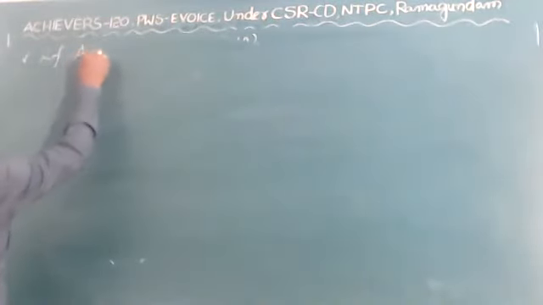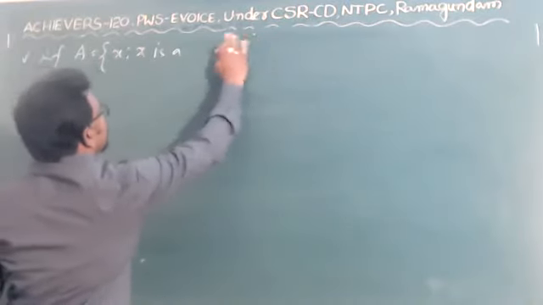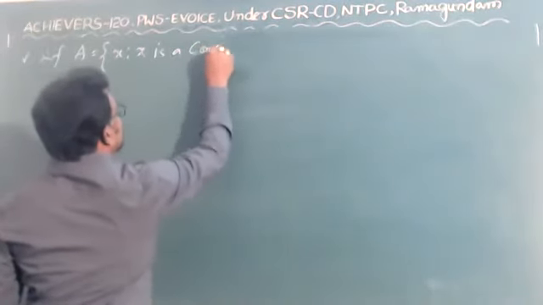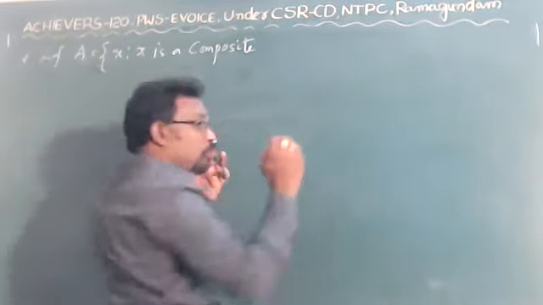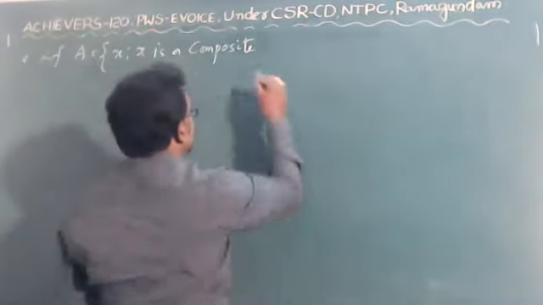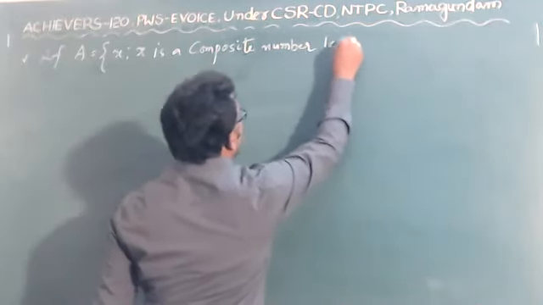If A is equal to, in set builder form, X such that X is a composite number less than 10. Composite means, as I said just now, more than 2 factors.